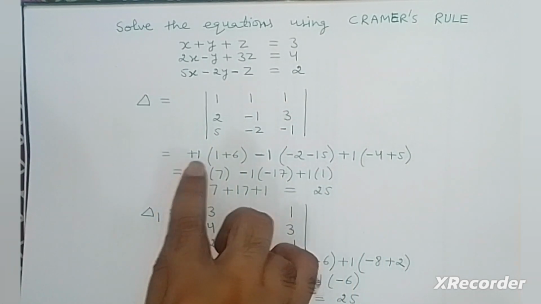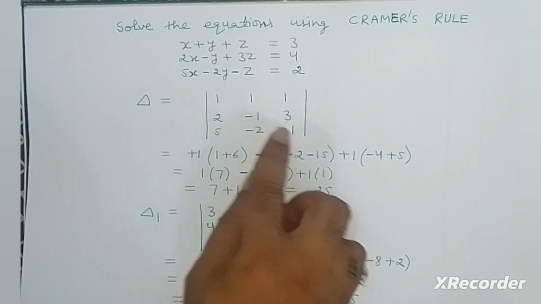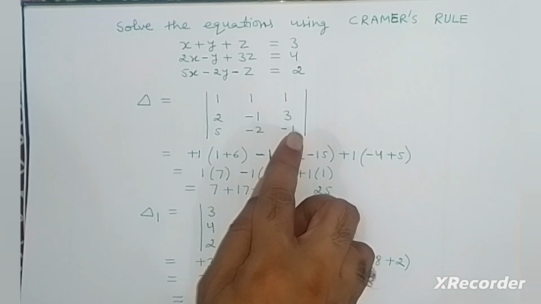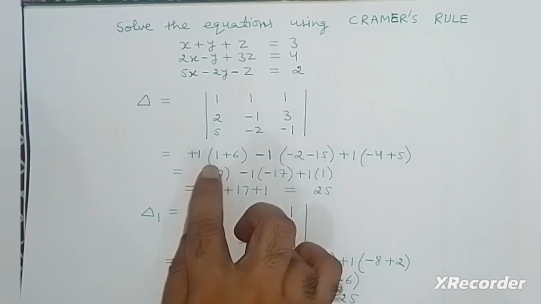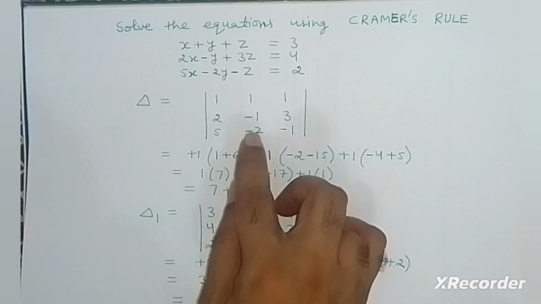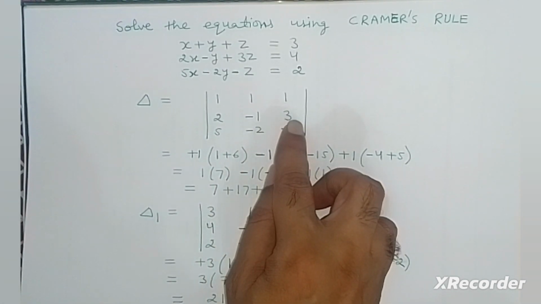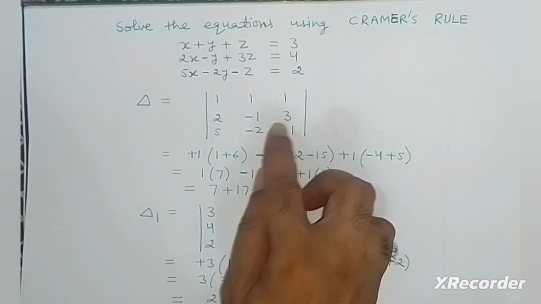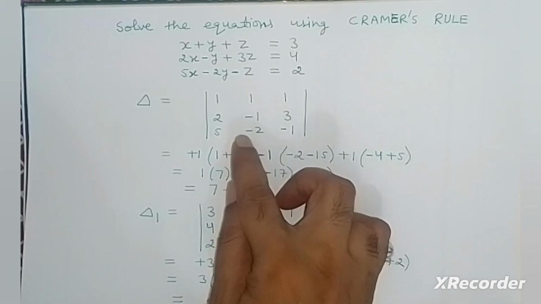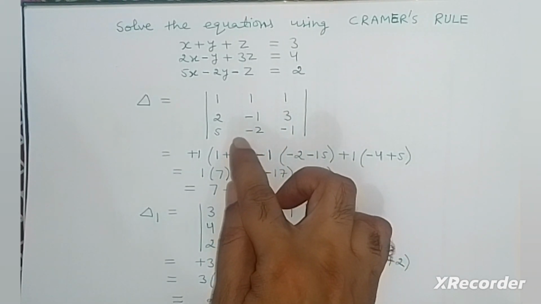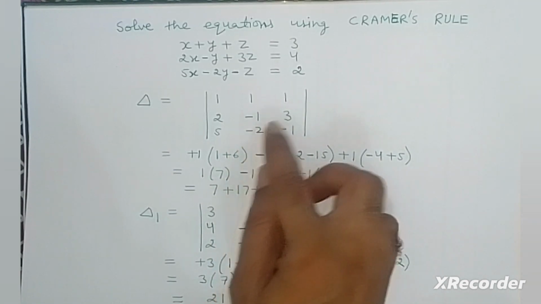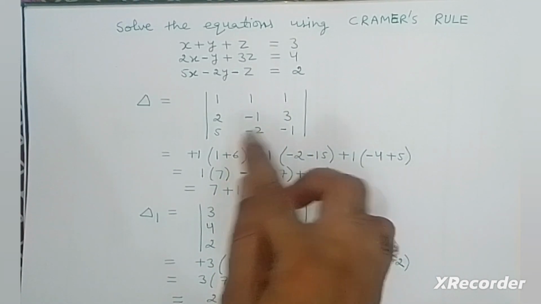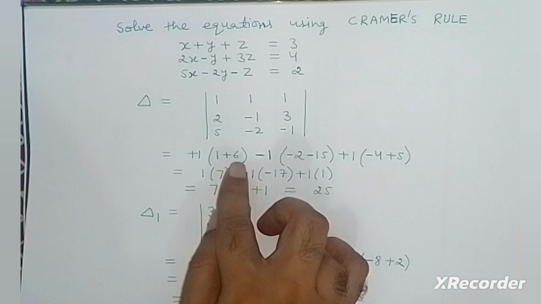So plus 1, minus 1 को minus 1 से multiply किया, then we get 1 and minus 2 into 3 is equal to minus 6. So subtract करने के लिए आपको साइन चेंज करना पड़ेगा. Then we take minus 6, minus 6 is equal to plus 6.